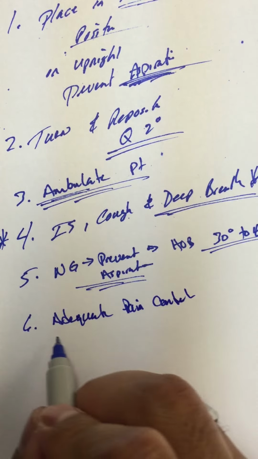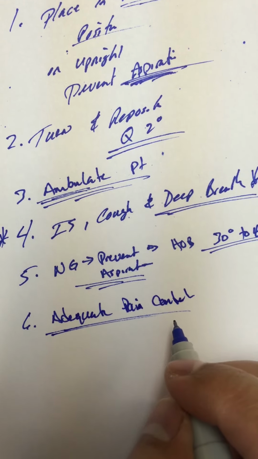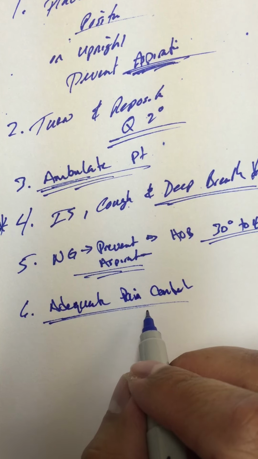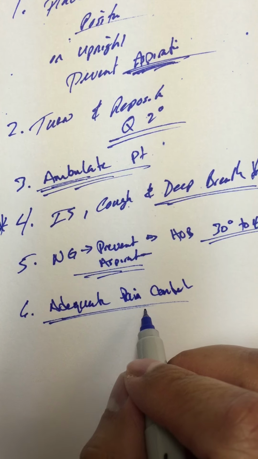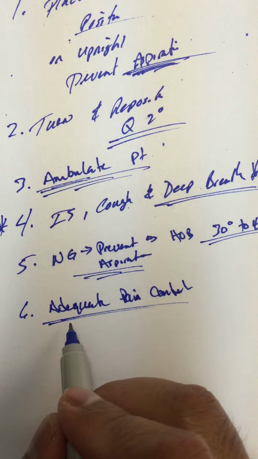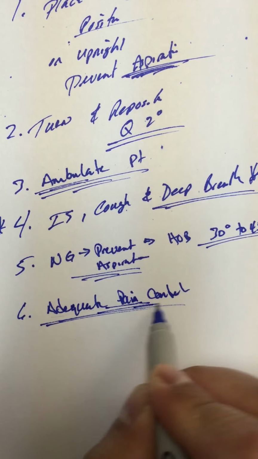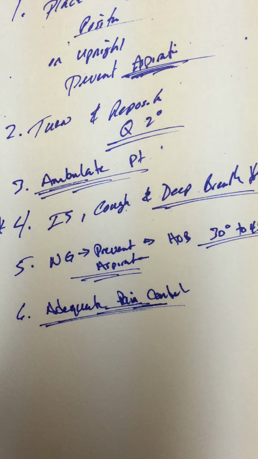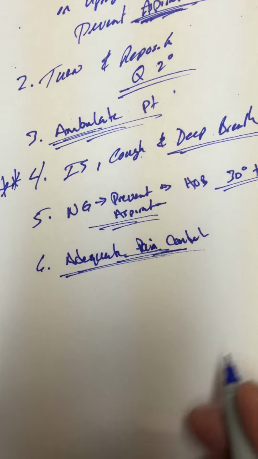But as with any time that you're giving pain medication, you always want to assess their respiratory rate. You want to make sure that you do not give too much pain medication, because at that point you will begin to sedate your patient, okay? So you give your pain control, make sure that it's adequate pain control, but you always want to assess your patient, make sure you're not giving too much.